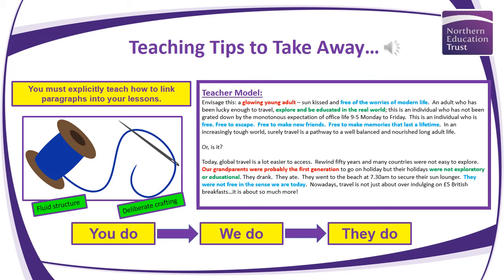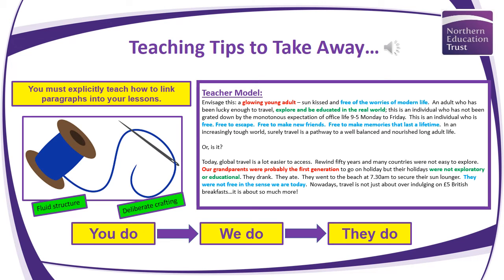So this idea of how travel has positive benefits on the young individual. Then in my second paragraph, when I've talked about what travel used to be like, I've referred to our grandparents were probably not the first generation. So I have got an explicit link between those paragraphs, the idea of the younger and the older generation.